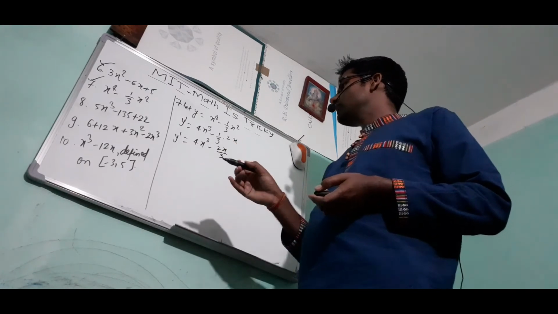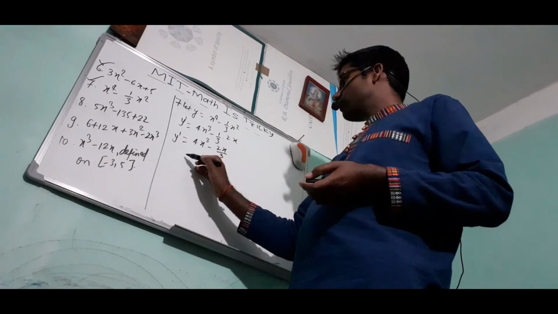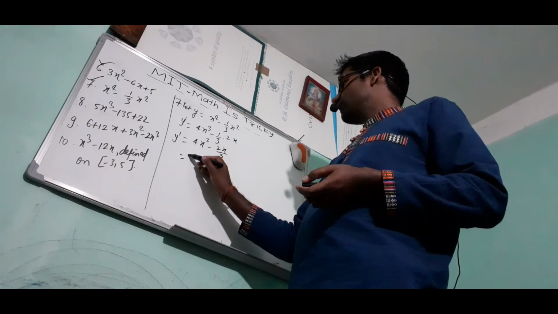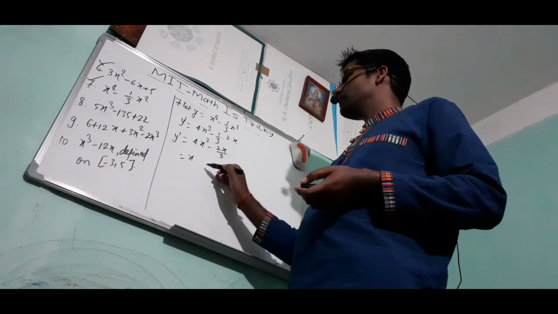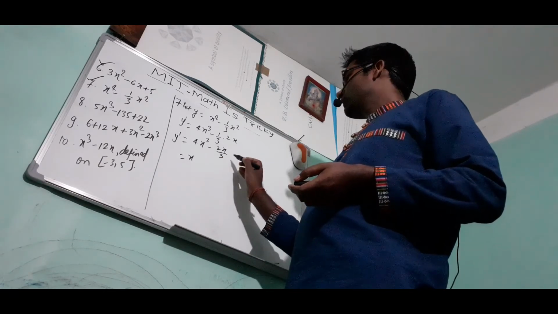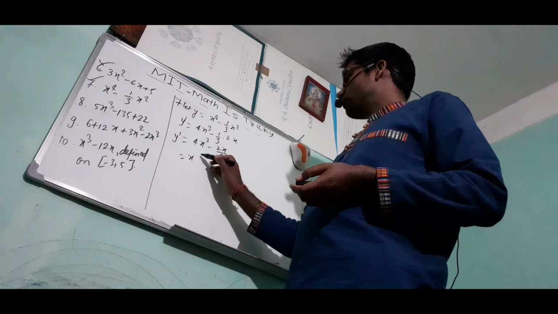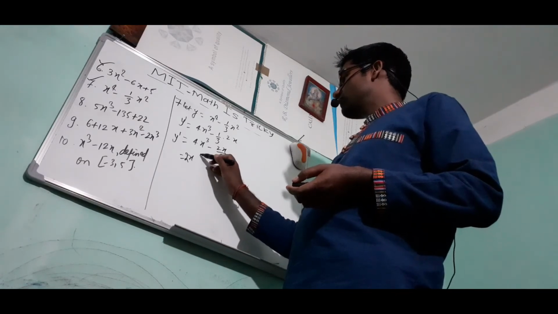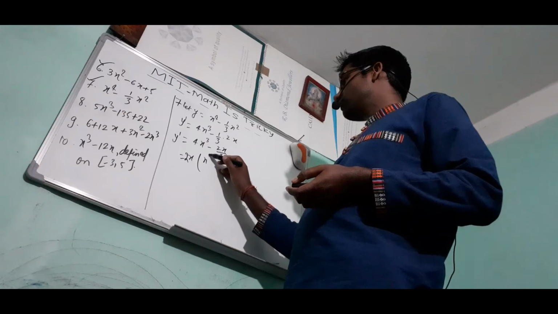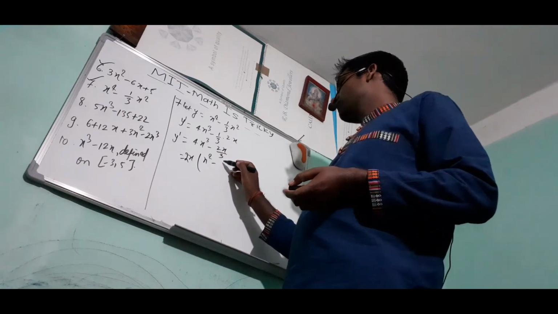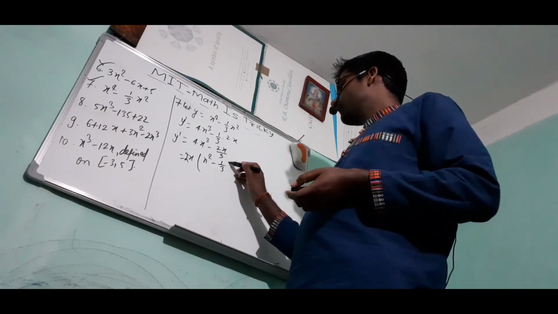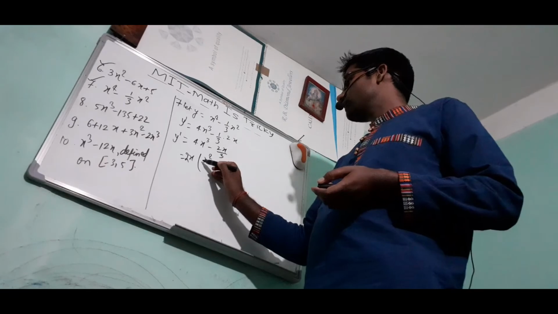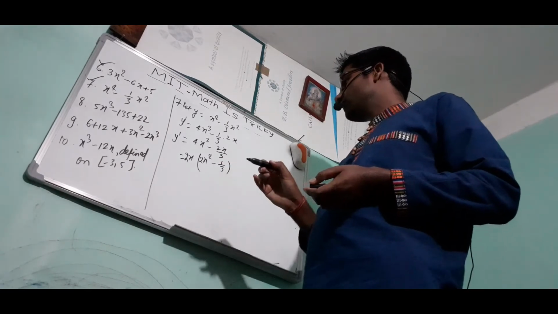So we can take common 2x, and we'll get x square minus 1 by 3.